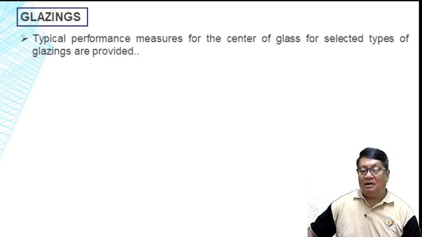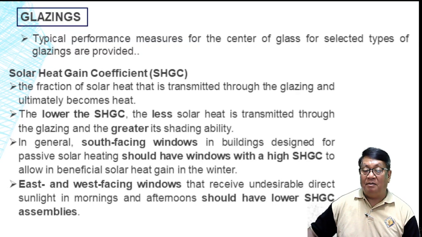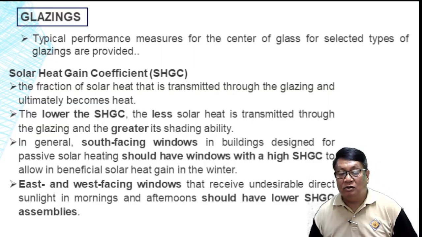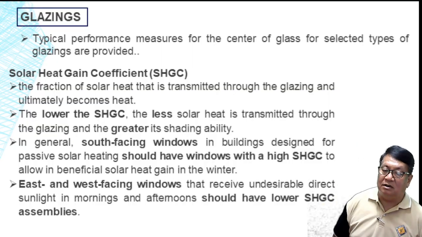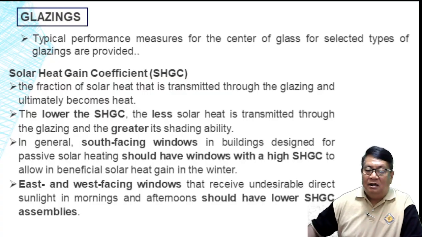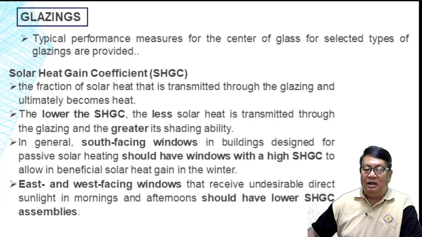Okay, so we have this glazing, typical performance measure for the center of glass, for selected types of glazing are provided. Okay, so solar heat gain coefficient or SHGC. So we have also the lower SHGC. Okay, so that's why we need to have this.